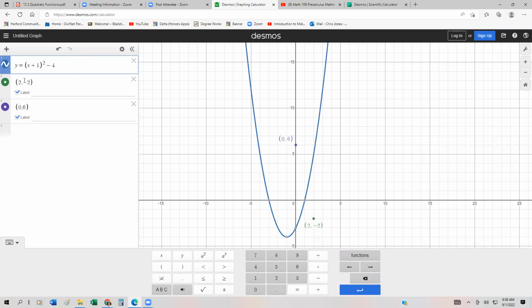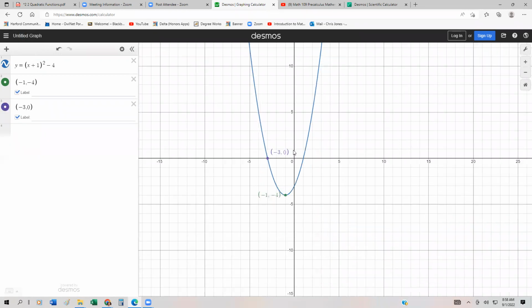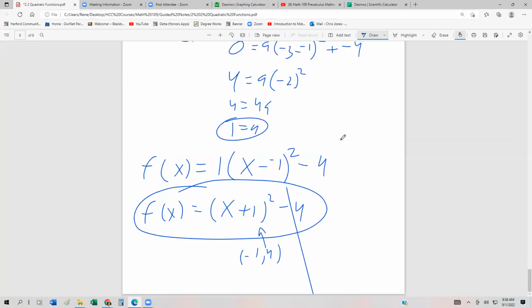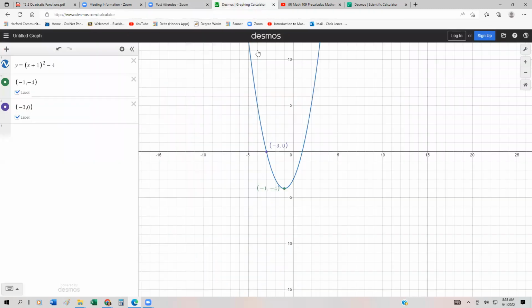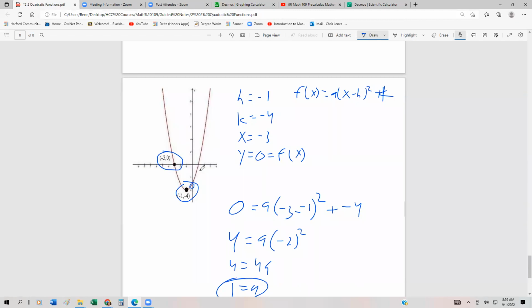Remember, our vertex point was (-1, -4), and I believe the point on the graph that we had was (-3, 0). There we go. And so this graph looks precisely, well, really close to the graph that we were given initially. So we can see that this parabola and this parabola look the same.